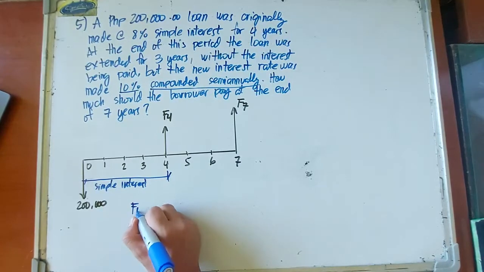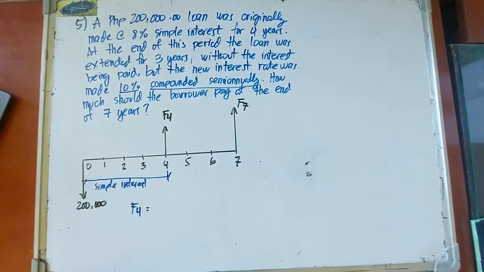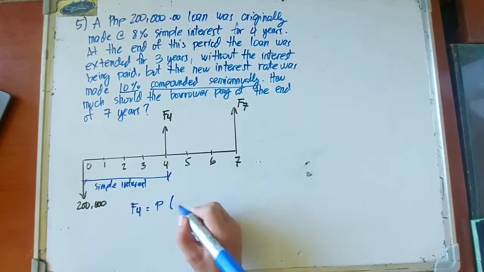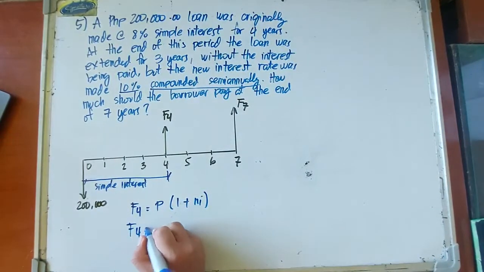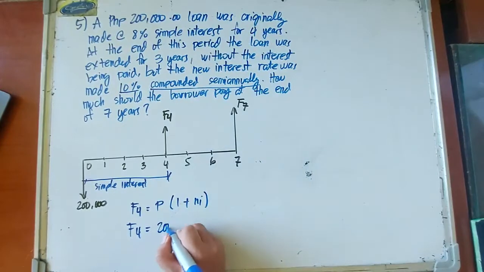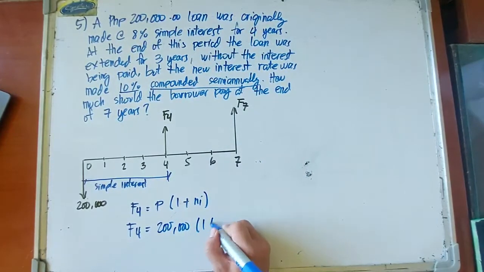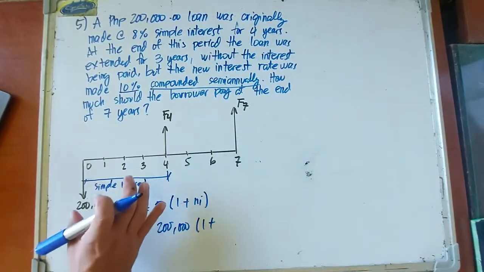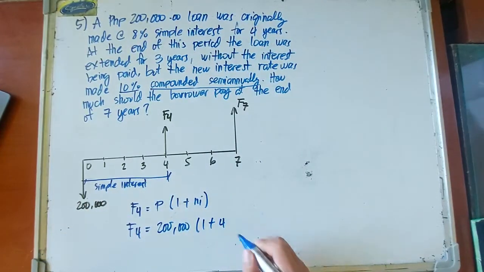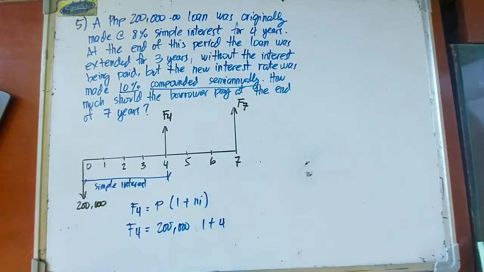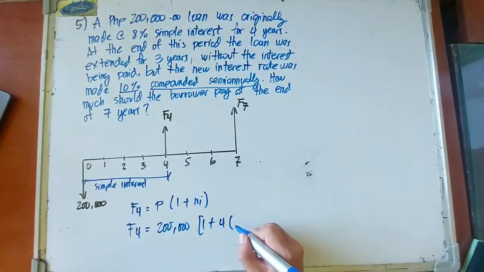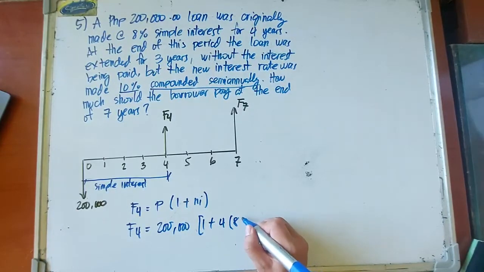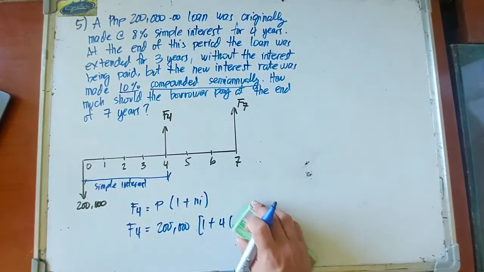F sub 4 is simple interest: the principal is 200,000, N is 4 years, and the interest rate is 8% annually, in decimal form.